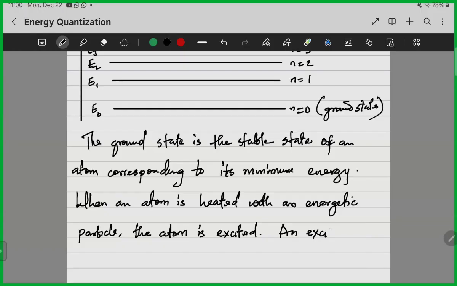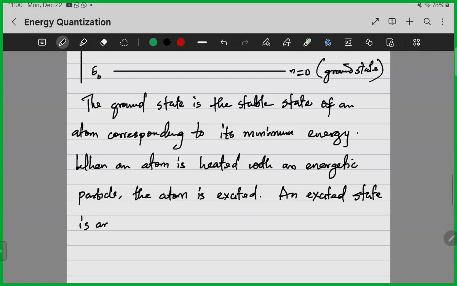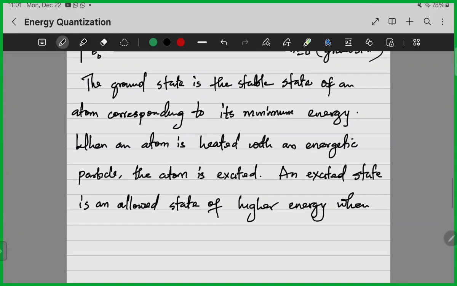An excited state is an allowed state of higher energy where the atom is unstable. Let me explain what I'm saying with the diagram.